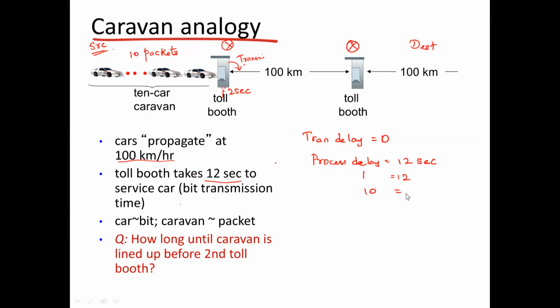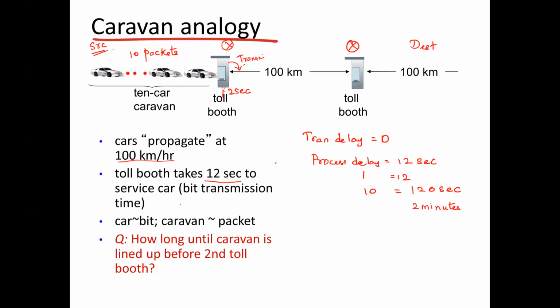One car, 12 seconds, so for 10 cars it is 120 seconds. Can you tell me in minutes how much this is? 120 seconds is how many minutes? Very good, it is 2 minutes. So the processing delay is 2 minutes to cross the toll booth.